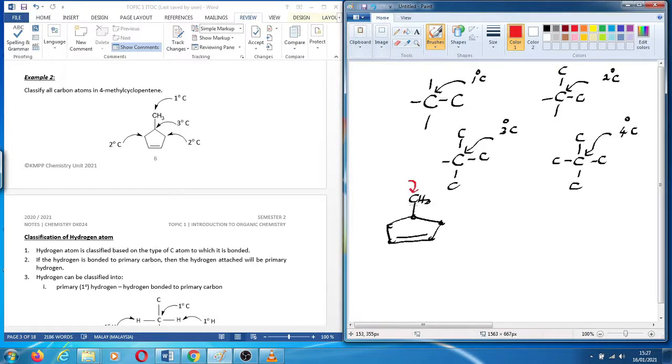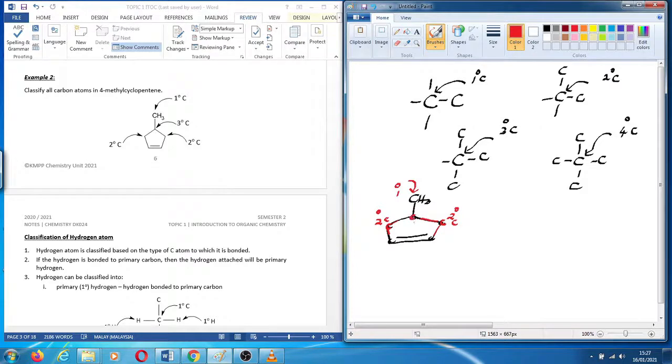Here the first carbon is attached to one carbon, thereby this is primary carbon. Carbon here is attached to 2 carbon, thereby this is secondary carbon. And for this carbon also, C here is attached to 2 other carbon, thereby this is secondary carbon.